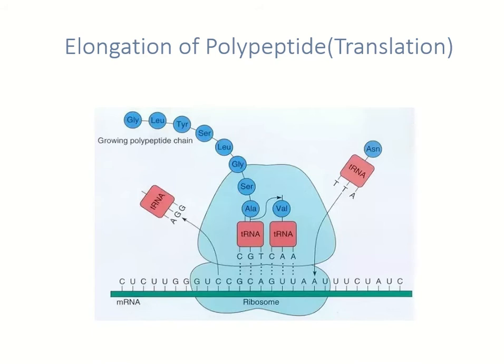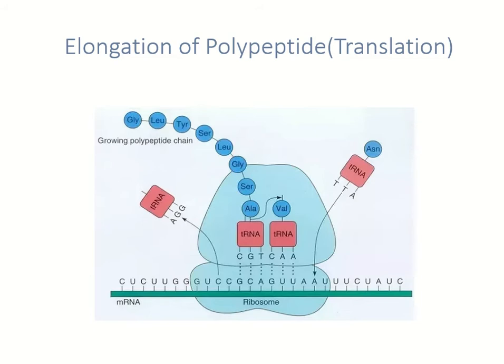Now here is the diagram which is showing the elongation of a polypeptide, or you can say the translation process. In this diagram you are seeing the messenger RNA having the base pair sequences. Then you are seeing the smaller subunit of the ribosome, then the larger subunit joined together, and you are seeing the different sites, the A site and P site.